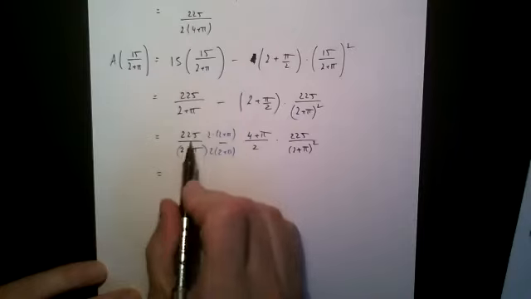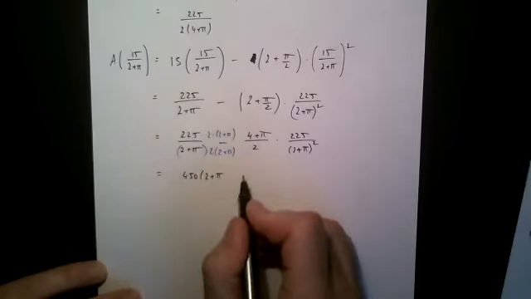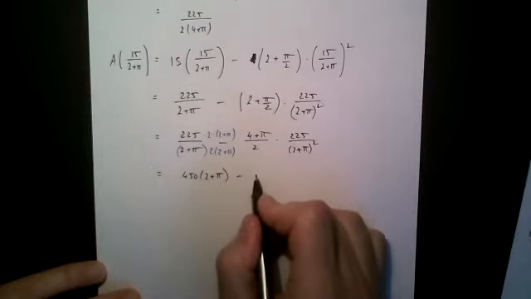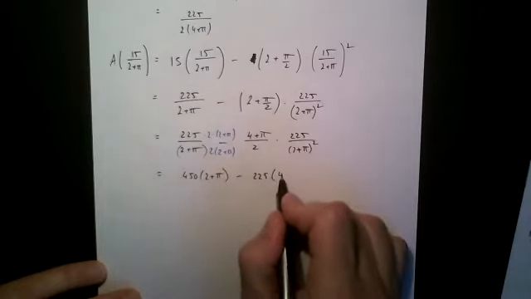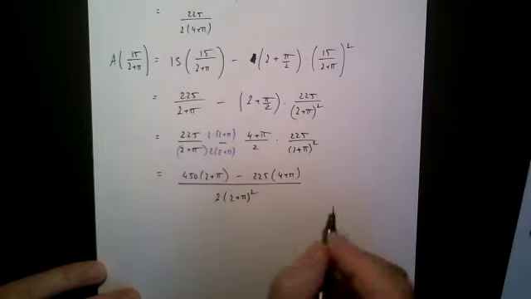Okay, so here I have 450 times 2 plus pi minus 225 times 4 plus pi, and all this over 2 times 2 plus pi squared.